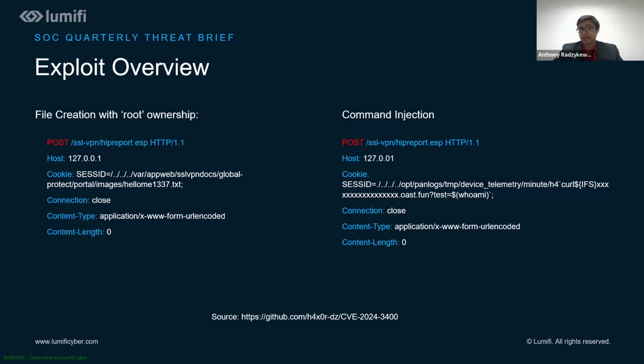We send the web request there, and we are leveraging the cookie SESSID, and that's where you see the directory traversal, the dot dot forward slash, dot dot forward slash, going back. You'll notice that we have here a curl with a variable for IFS. That's a Linux way to enter white space within the command line without actually having a white space in there. So if you want a little hacker trick, that's one of the things you can do.